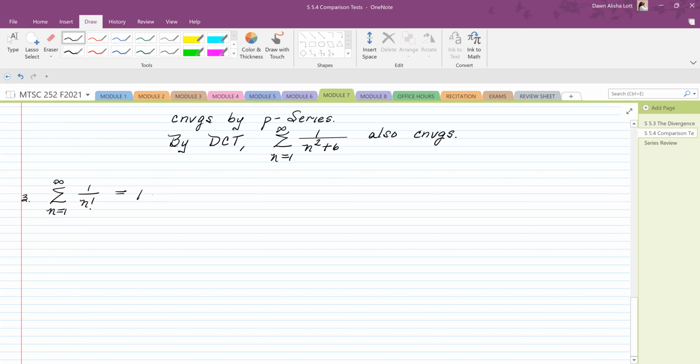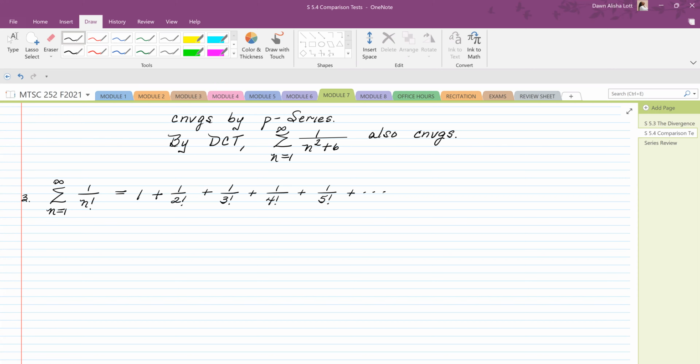This looks like 1 plus 1 over 2 factorial plus 1 over 3 factorial plus 1 over 4 factorial plus 1 over 5 factorial, etc., etc. Now, I'm going to keep adding a little bit every time, but does this eventually become a finite sum? That's what I'm trying to guess.